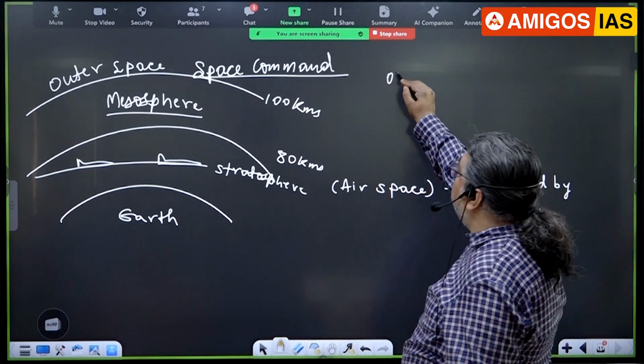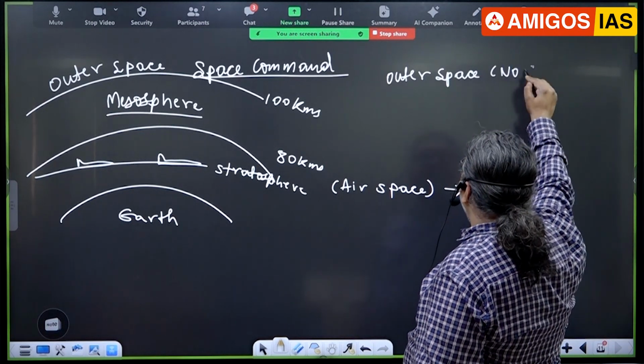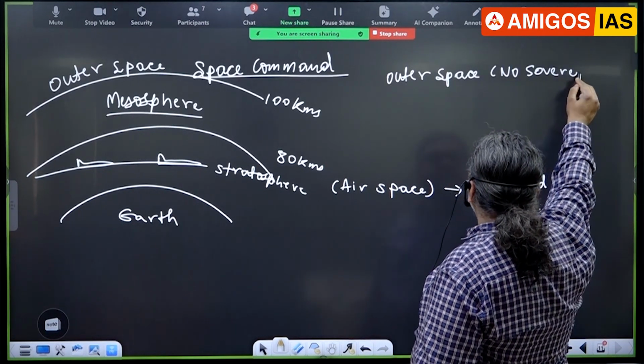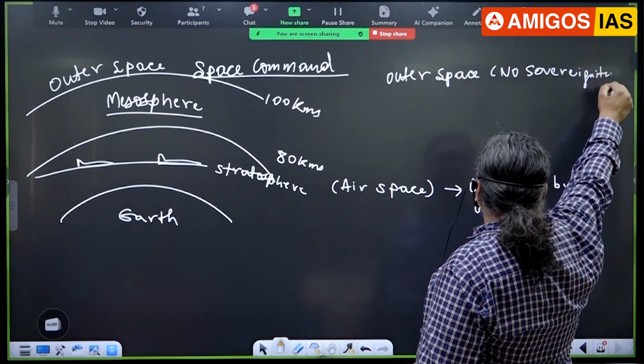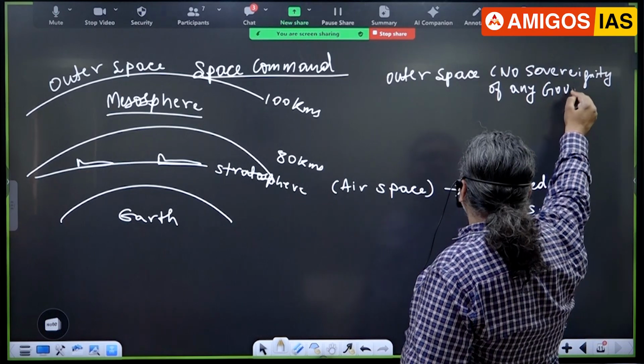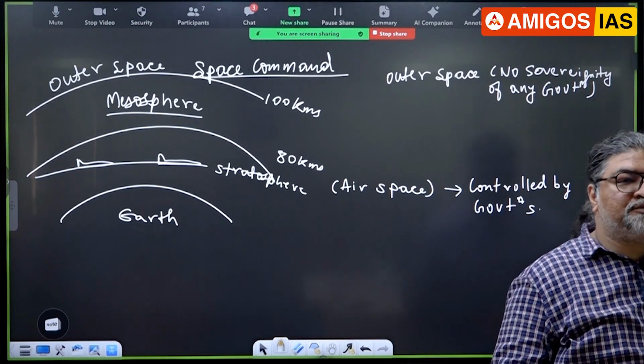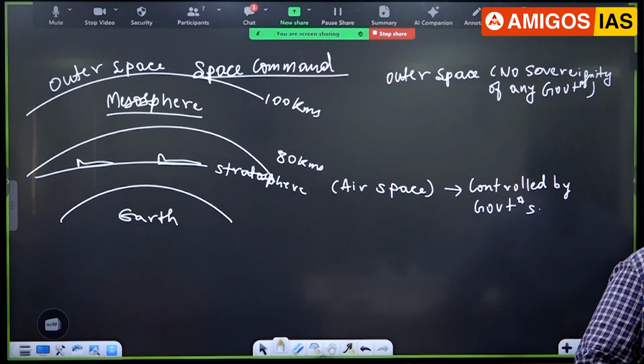If we talk about outer space, there's no sovereignty of any country or any government. That means outer space belongs to everyone, right? Everyone has the outer space there. Now what is the new thing that is coming? China. China has built a space command. So what can China do there?